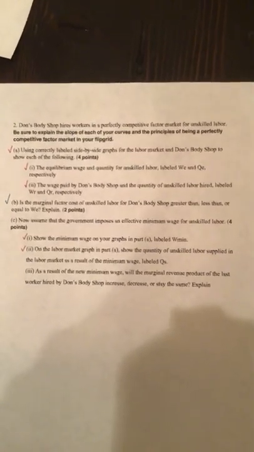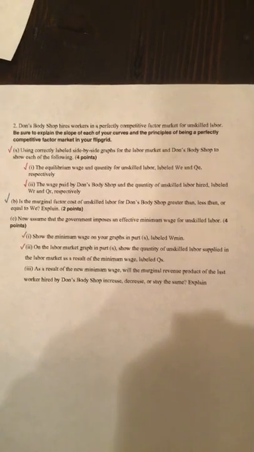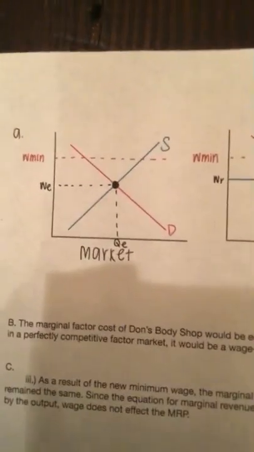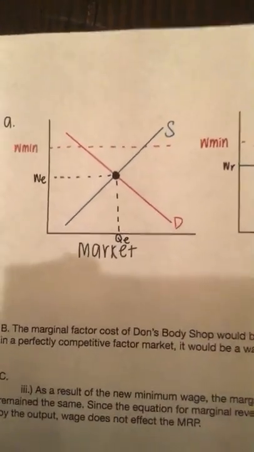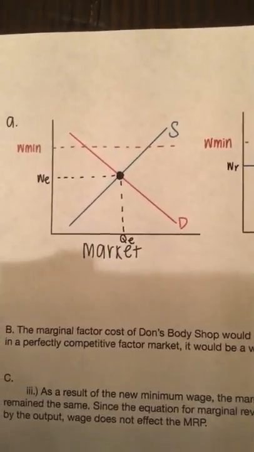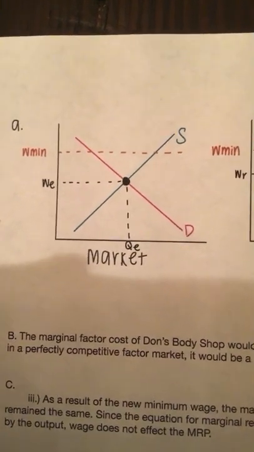Okay, question 2 says, Don's Body Shop hires workers in a perfectly competitive factor market for unskilled labor. Part A, using a correctly labeled side-by-side graph for the labor market and Don's Body Shop, show each of the following. So I have these two graphs. One is the market graph, so we have a downward sloping demand curve and an upward sloping supply curve.